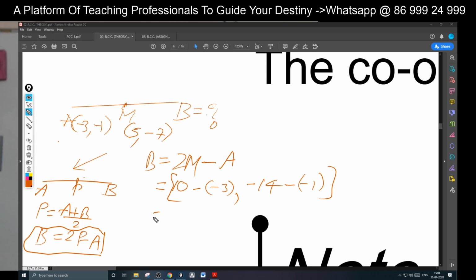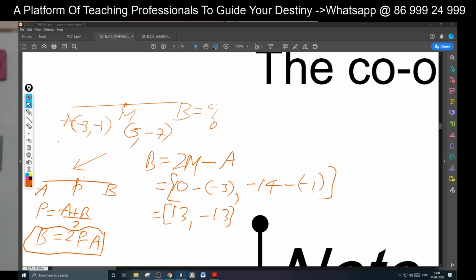For a better understanding, I am putting it on the paper, but you must be in a position to write that straight. -14 plus 1 is -13. So 13 comma -13 is the other extremity you have to understand. So when one extremity is given, the other extremity is not known, and the midpoint is known, then to find out the other extremity, you can make use of this formula: twice the middle point minus given point gives you the other extremity.